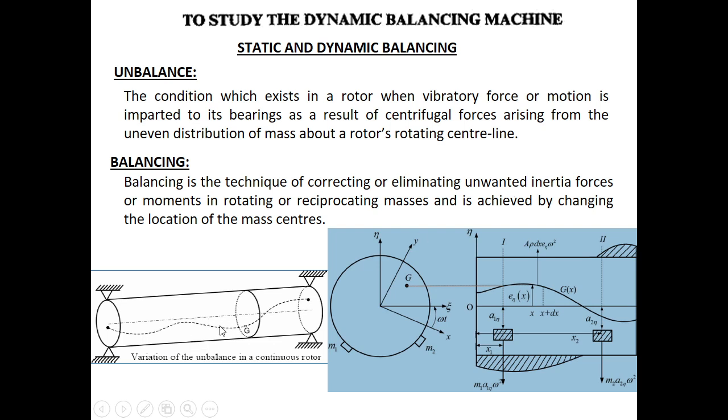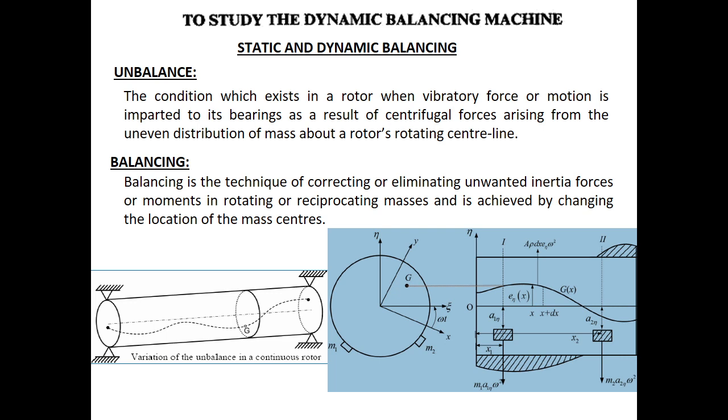When it rotates, the distance between the rotational center line and the centroidal center line, or position of the center of gravity, multiplied by the square of the rotational velocity, omega square, and the mass, gives you an inertia force.